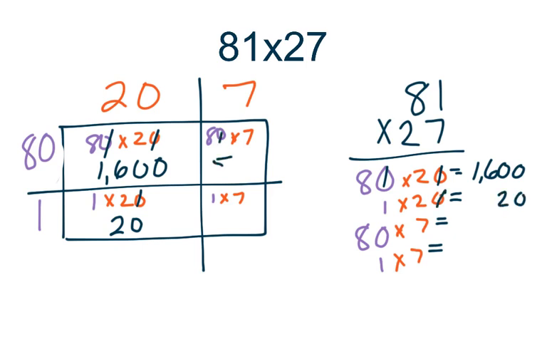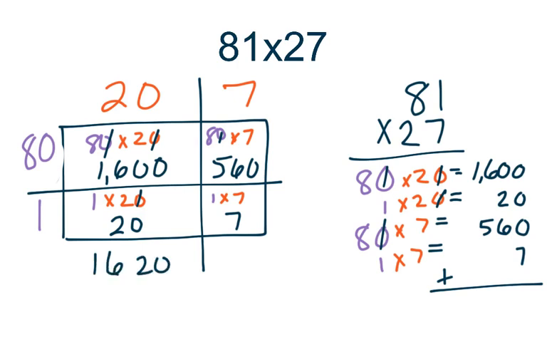80 times 7 is 560. And 1 times 7 gives me 7. 1 times 7 gives me 7. I'm going to go ahead and I'm going to add my partial products together. Here I have one piece to add.